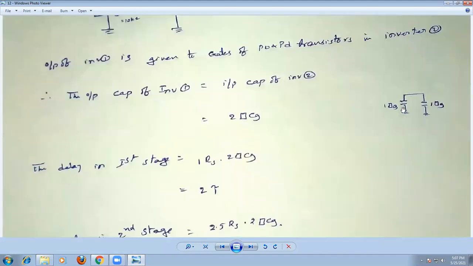So the gate capacitance of the P channel FET is 1 square CZ, and the gate of the other transistor is also 1 square CZ, each with respect to the ground. That means we have two capacitors connected in parallel, so the equivalent capacitance is the addition of those two: 1 square CZ plus 1 square CZ is equal to 2 square CZ. Remember that point.